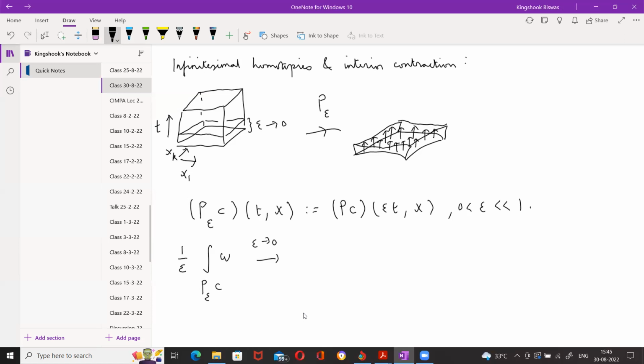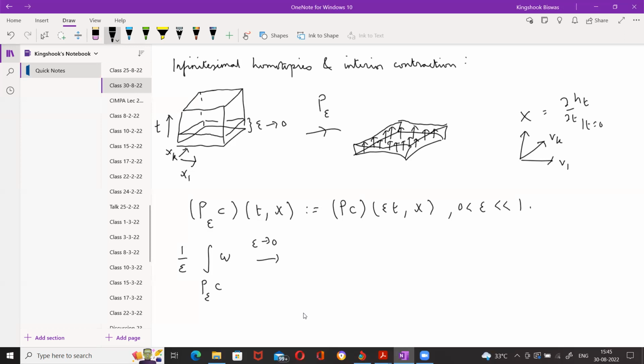Well, when I integrate, what am I going to do? Basically, I'm going to look at omega acting on vectors tangent to the base, so some v1 to vk. And then I'll have one direction pointing up, which is a vector field x, the time derivative of the homotopy, del del t at t equal to 0.